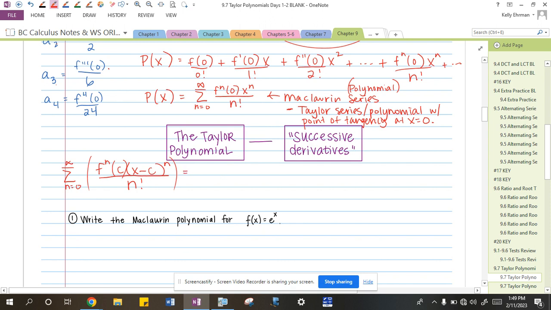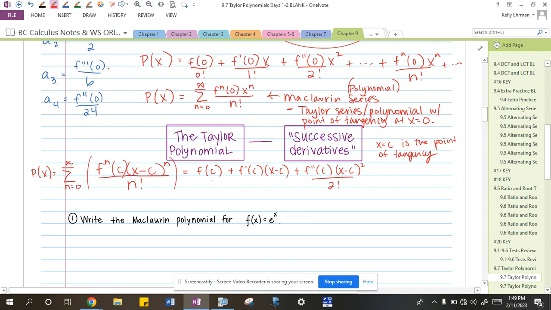If you wanted to expand it out, our p of x, our Taylor polynomial, would still start out with not f of 0, but f of c, where x equals c is the point of tangency. f of c plus f prime of c times x minus c plus f double prime of c times x minus c squared over 2 factorial.